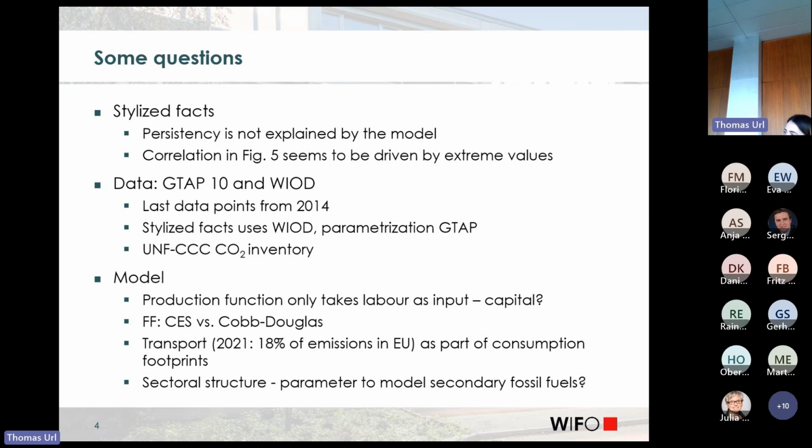Actually, I have to think about how to account the transport emissions for the footprints, and I do not have an ad hoc answer where they go. I think they probably go to the production footprint. The other question is how to think of other services having CO2 emissions, like business services.